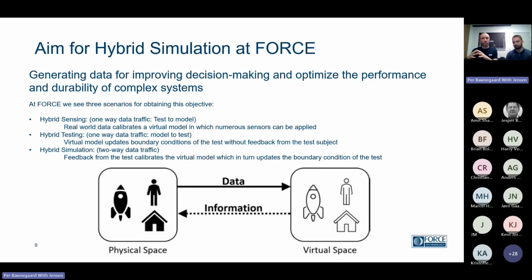Here we can use real-world data from the test, from in-service usage, to calibrate a model, and then in the model have, for example, numerous sensors that are calibrated on maybe just a few real-world sensors. So you can, in a very easy way, have a lot of sensors instead of having to apply 1,000 strain gauges or 1,000 temperature sensors.